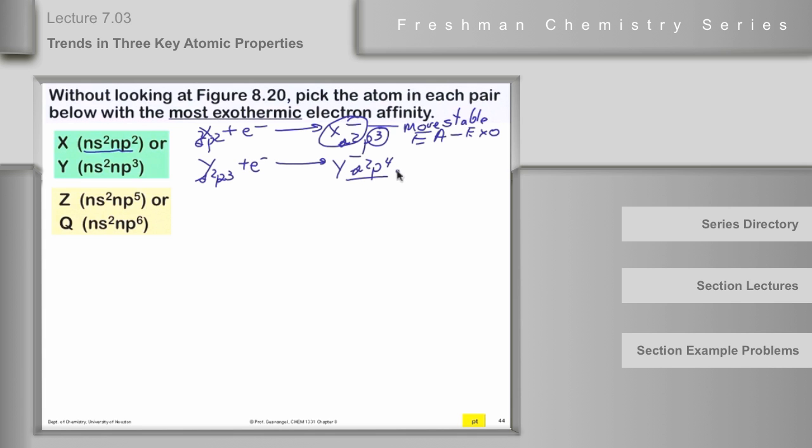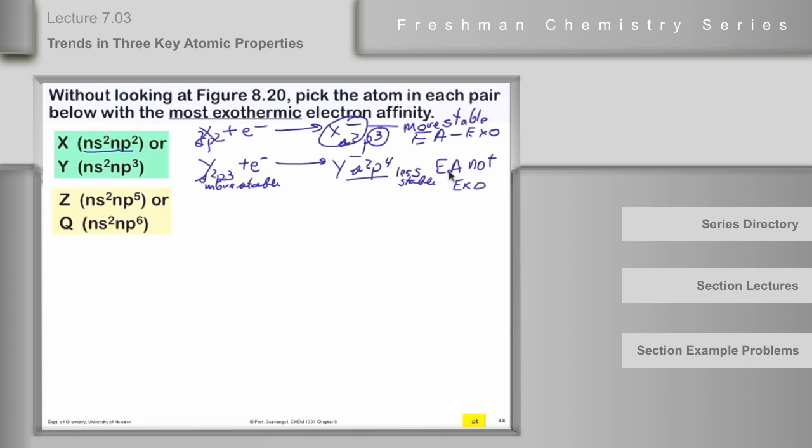S2P4 is less stable than S2P3, which is more stable. So if we go from more stable to less stable, that means we're going uphill. And therefore, the electron affinity is not exothermic. It's probably endothermic. Questions on that choice?